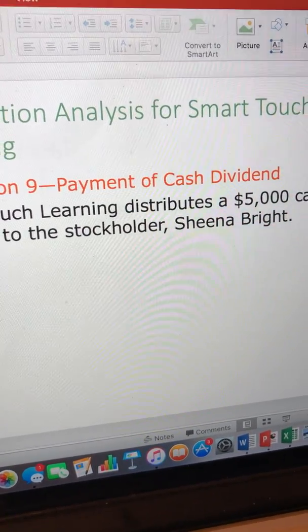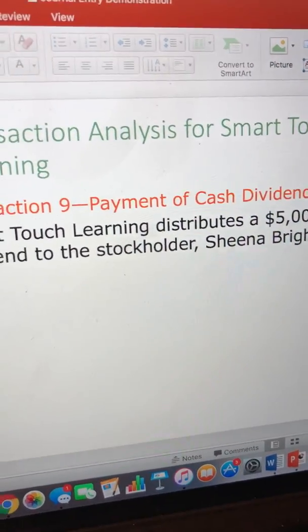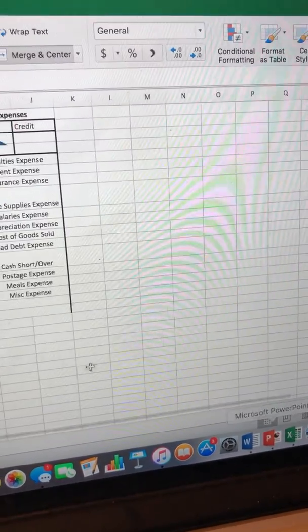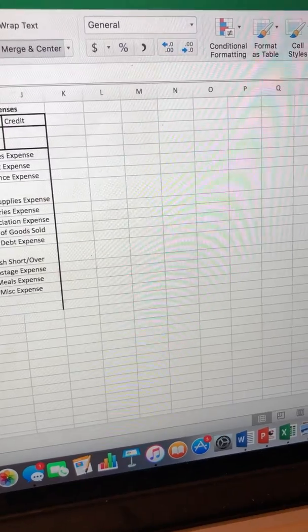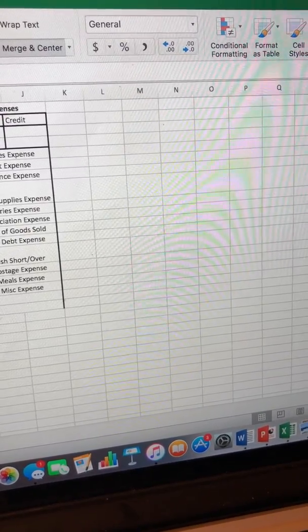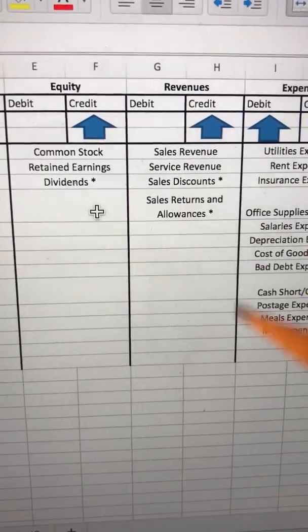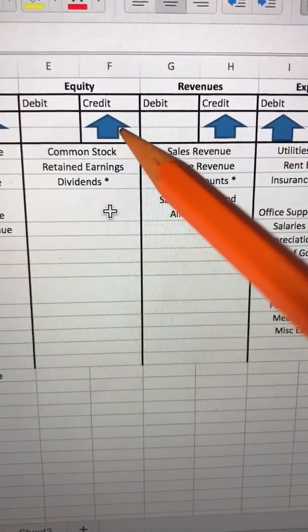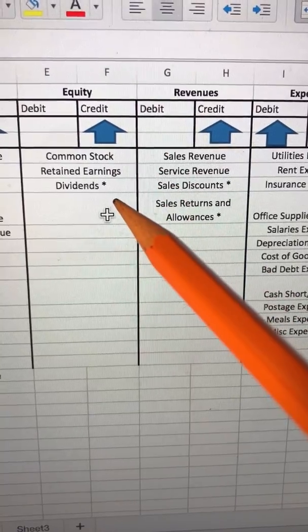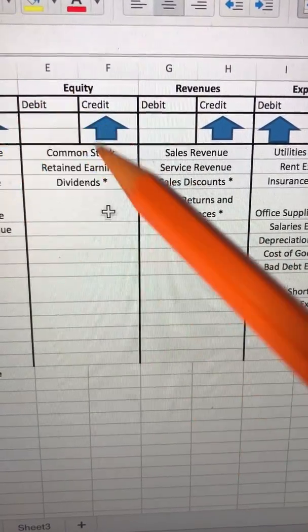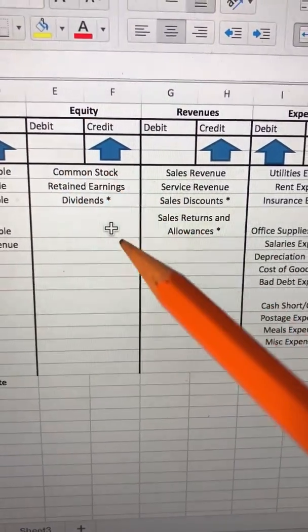So cash is going down, so that's our credit. If you recall, I have an asterisk here next to dividends. Dividends is an equity account. The asterisk means it does the opposite. Okay? So since normally when it goes up, it's a credit in the equity account, but dividends is starred, you flip it. So it's a debit to dividends for $5,000, a credit to cash.